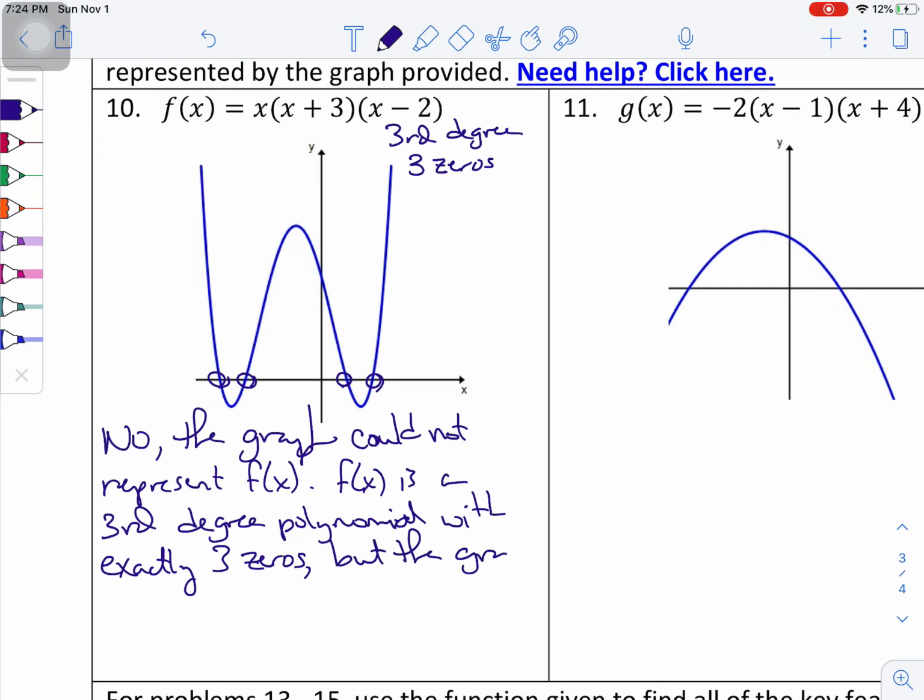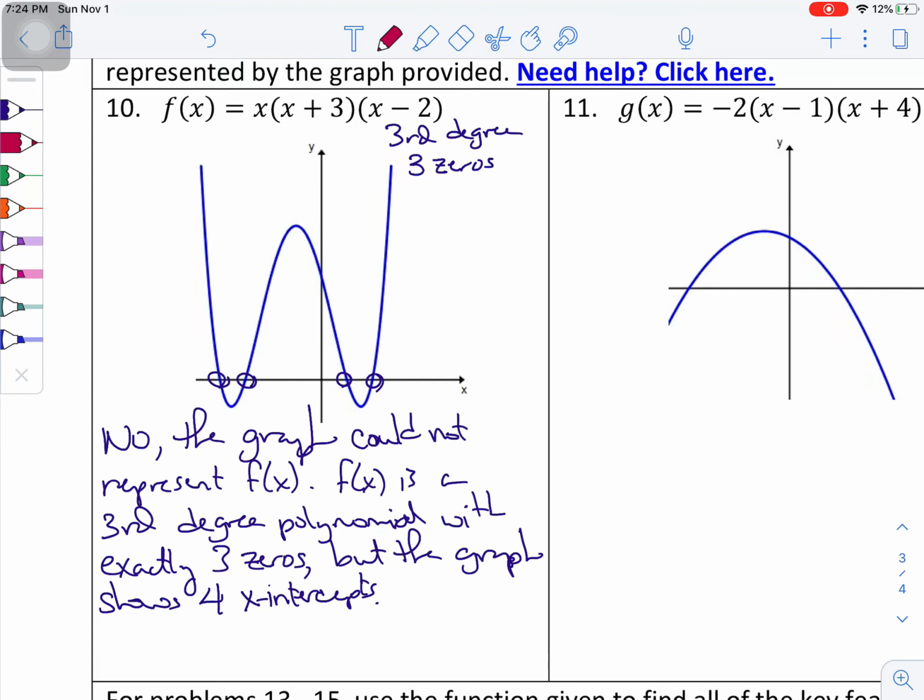But the graph shows 4 x-intercepts. And that doesn't work. All right. So yeah, that's where that fundamental theorem of algebra says that the number of roots, when counted with multiplicity, can only be the degree of the polynomial.